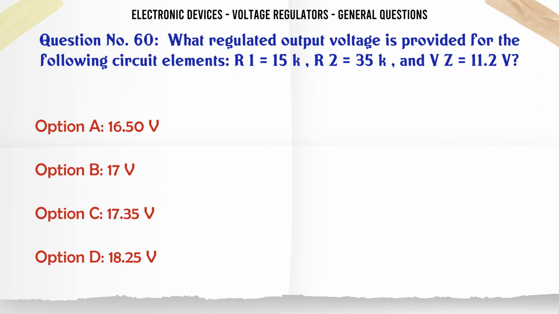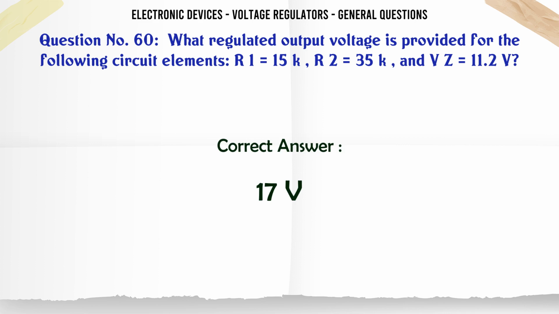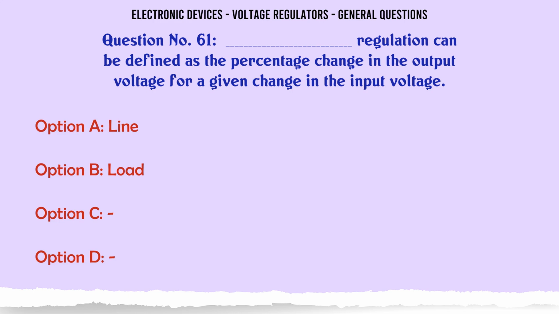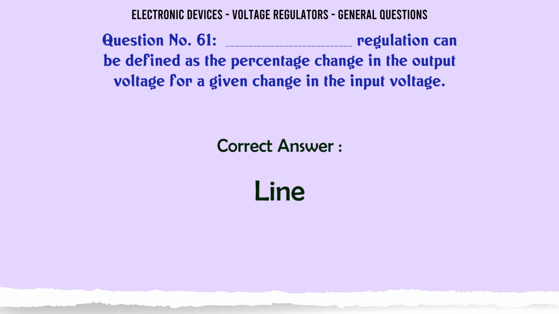A. 16.50V, B. 17V, C. 17.35V, D. 18.25V. The correct answer is 17V. Regulation can be defined as the percentage change in the output voltage for a given change in the input voltage. A. Line, B. Load, C. D. The correct answer is line.